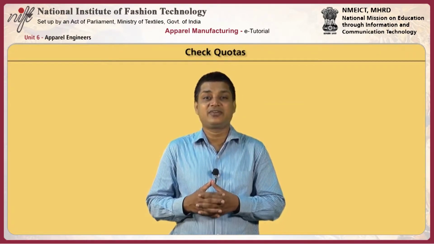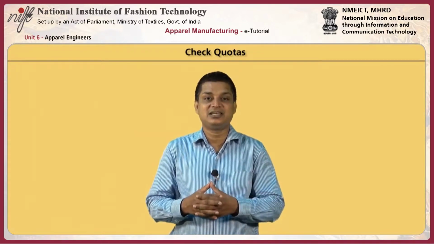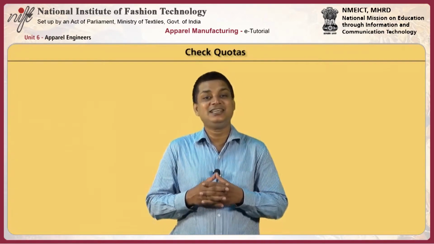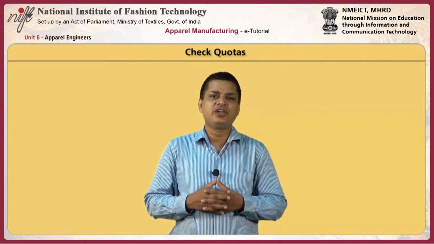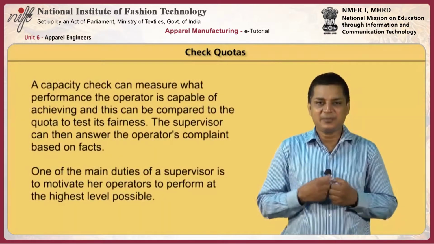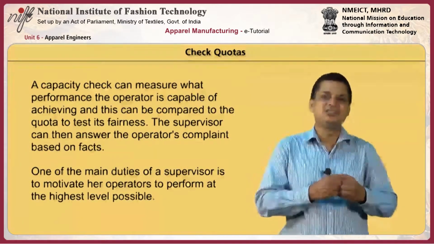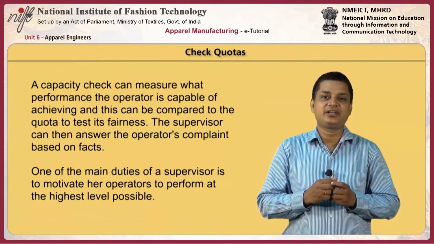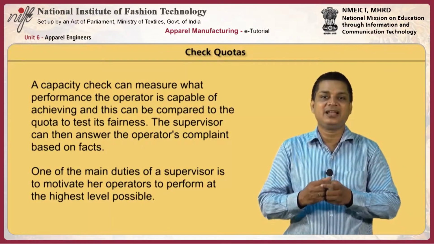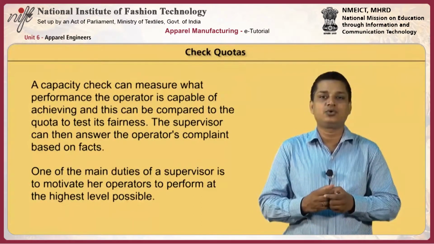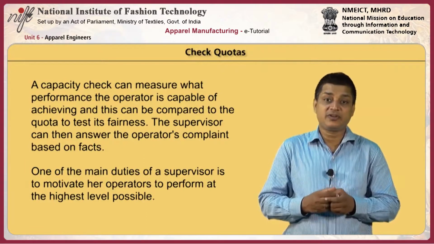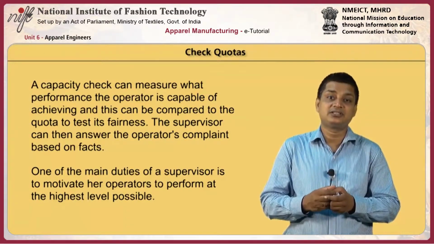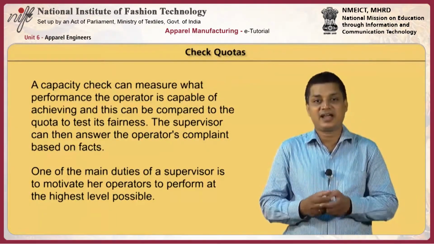There is quite a difference between what an operator says she can do and what he or she can actually do. This is especially true when new quotas are involved. A capacity check can measure what performance the operator is capable of achieving, and this can be compared to the quota to test its fairness. The supervisor can then answer the operator's complaint based on facts.